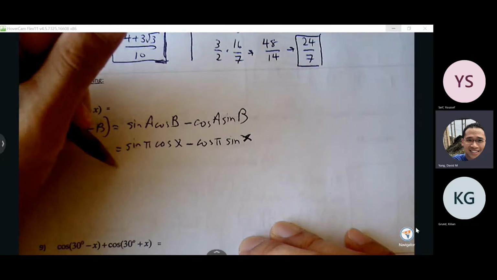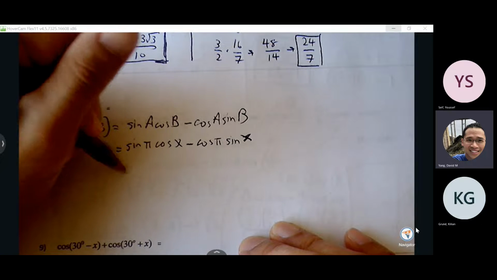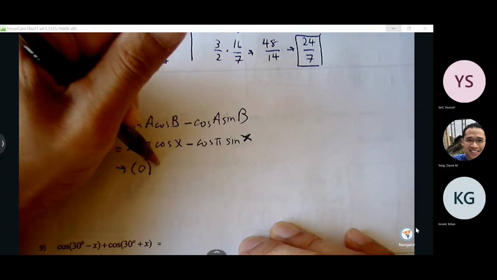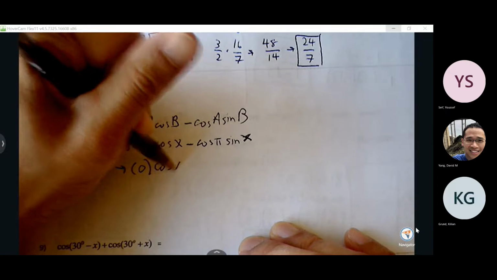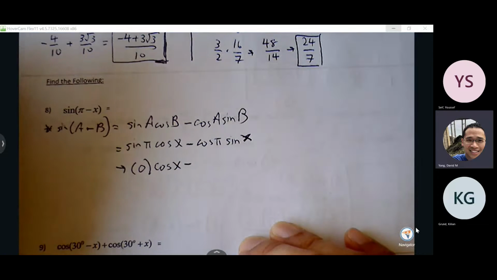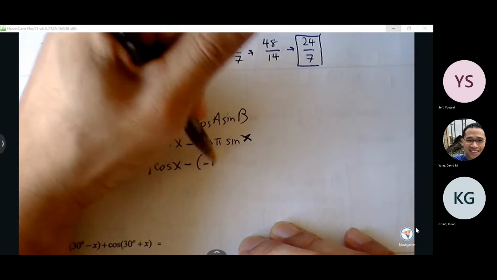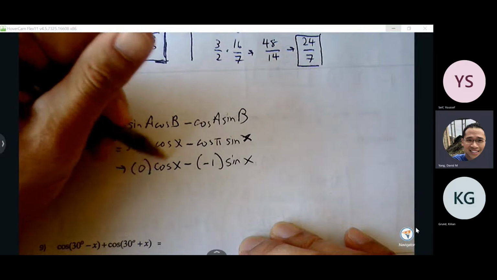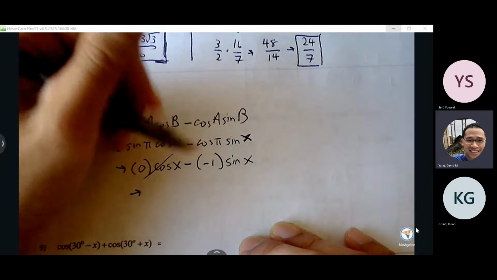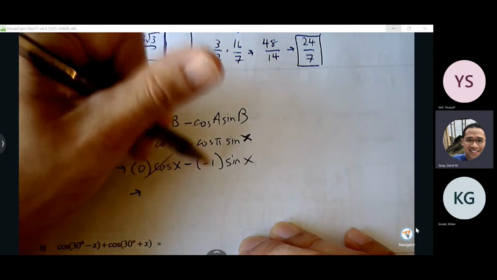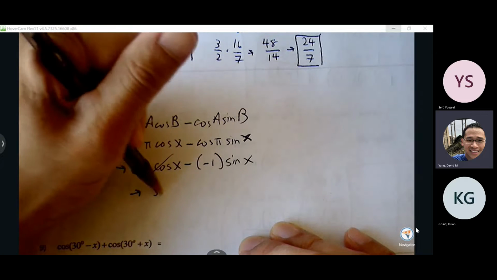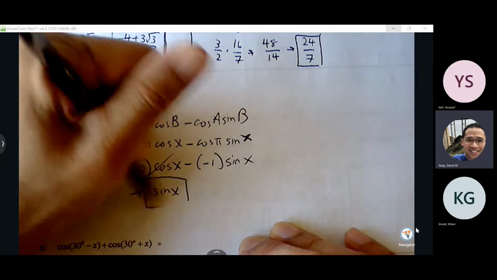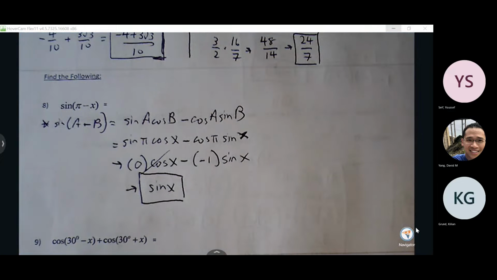Sine of pi, circle value, that's just going to be 0. Cosine of pi, that's going to be -1. 0 times anything is just going to be 0. So I'm just left with negative times -1. Two negatives become positive, so I'm left with the sine of x. Can't go any further than that.